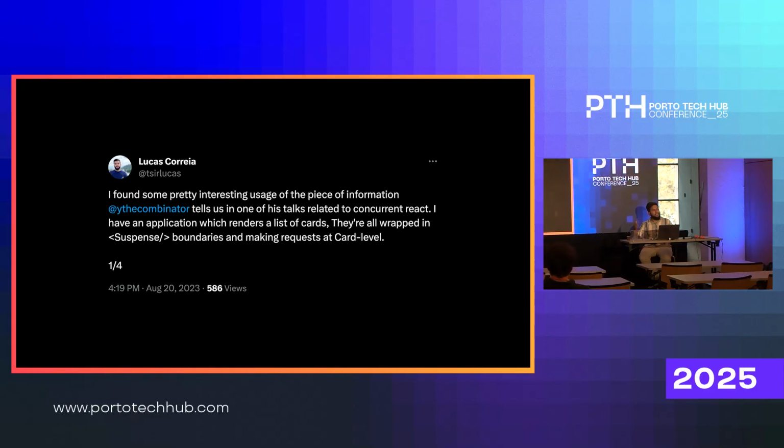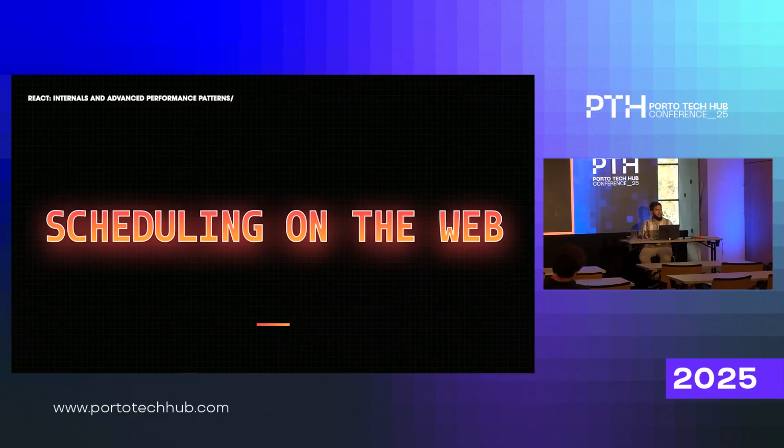And when I asked him how he knew, if that thing was just being announced, he told me that he was following the PRs where they were actually implementing it, and he was aware that they would be working by throwing promises to be handled by React. So this, for me, is all really, really amazing.